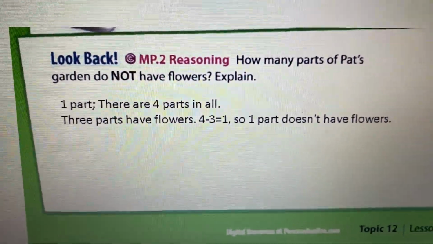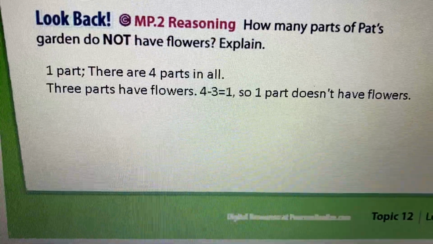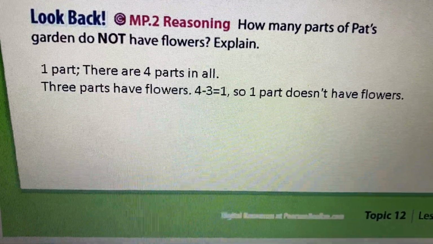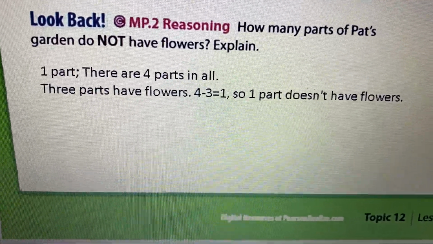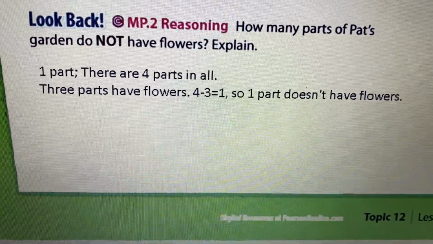So back to the question. 1 part. There are 4 parts in all. 3 parts have flowers. So 4 minus 3 equals 1. So 1 part doesn't have flowers.